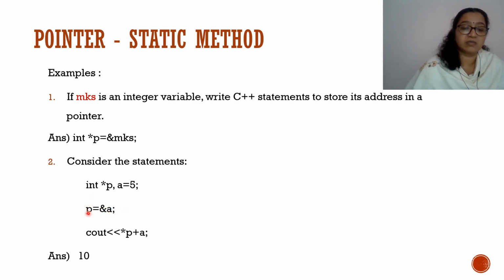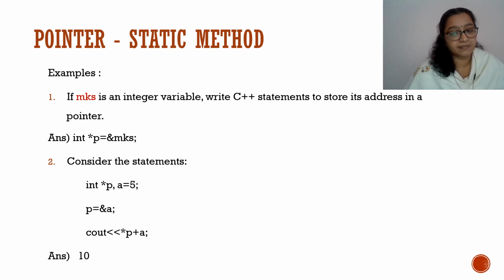That means p is pointing to a now. Now see, cout star p, p is pointing to a, so we will get the value of a, that is 5, and plus a. Plus a means the normal variable, the value of a, that is 5. So 5 plus 5 is 10. Clear?